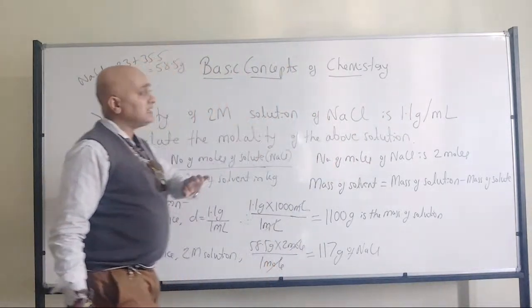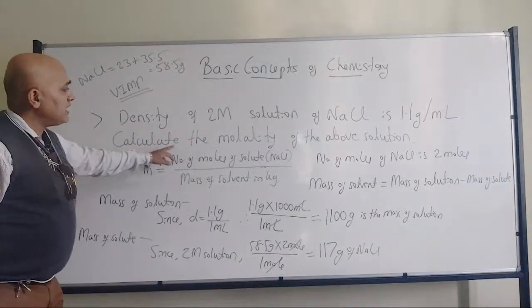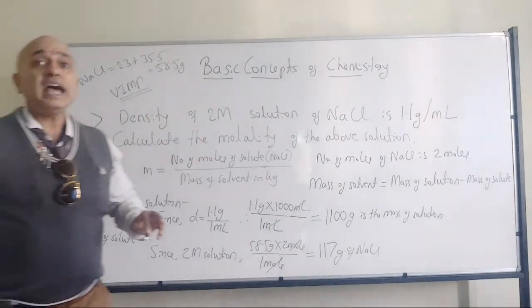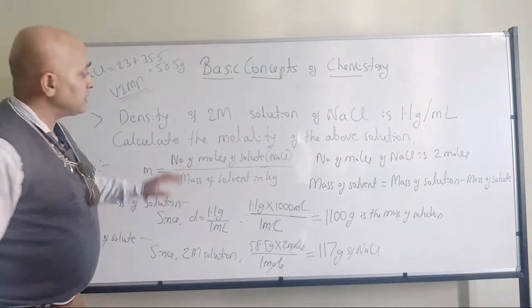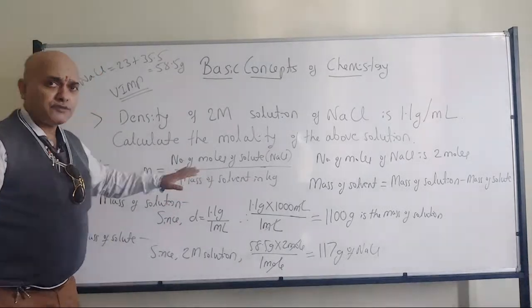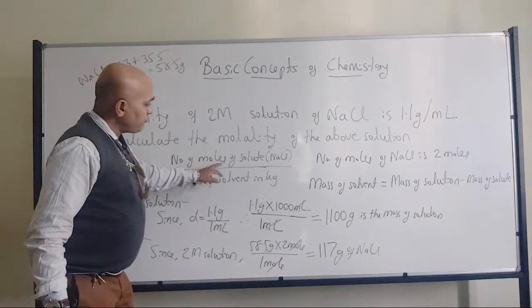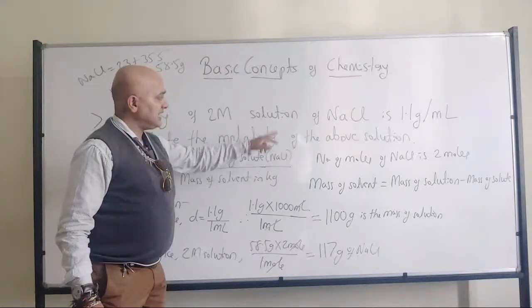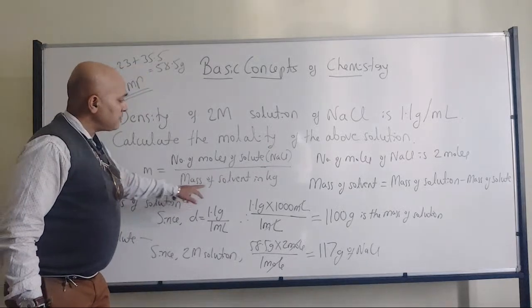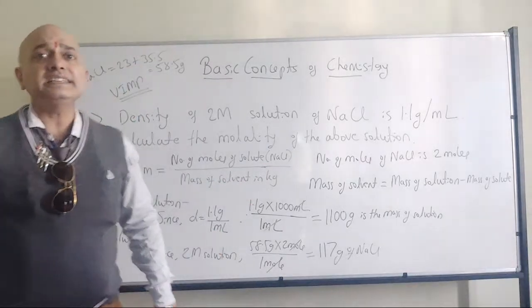That's what that density indicates. They have asked us to calculate the molality. So first thing we have to write the equation for molality. Molality is equal to number of moles of solute, in this case NaCl, divided by mass of solvent in kg.